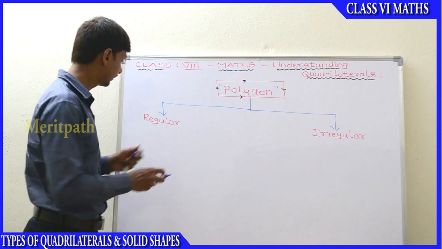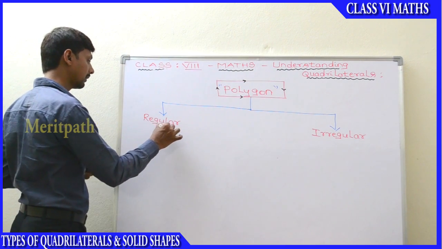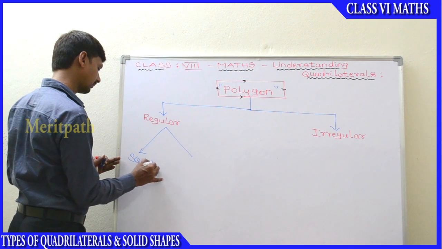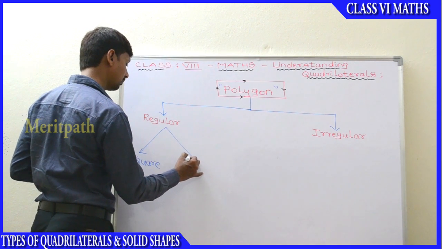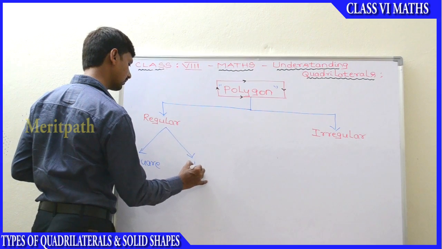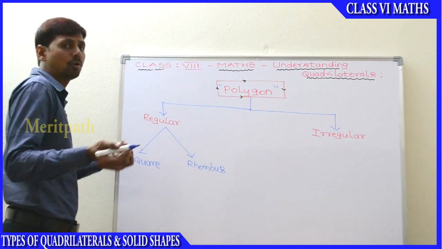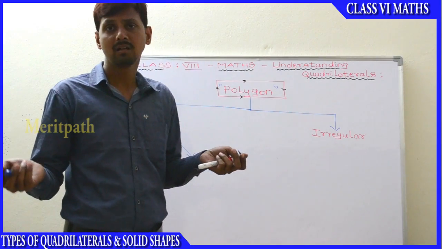Regular polygons are the square and rhombus. Irregular polygons are nothing but polygons with different sides.